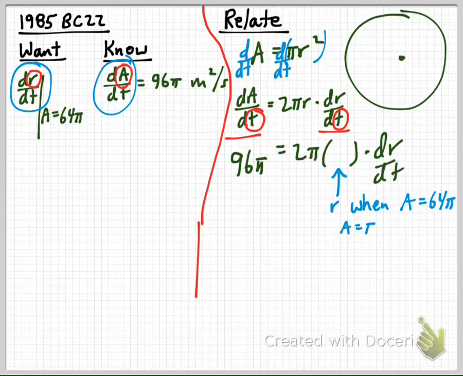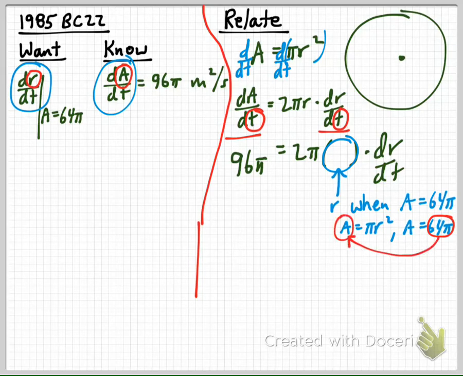So if the area is pi r squared, and we also have the area being 64 pi, this is the precise moment, so it's okay now to substitute in the value at that precise moment. We're needing to solve for r in this case because we've got a quantity for A, A being 64 pi. So we're just going to replace this A with what it is at the precise moment so that we can know what the R is.